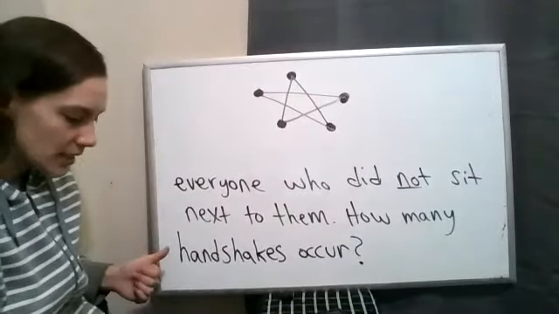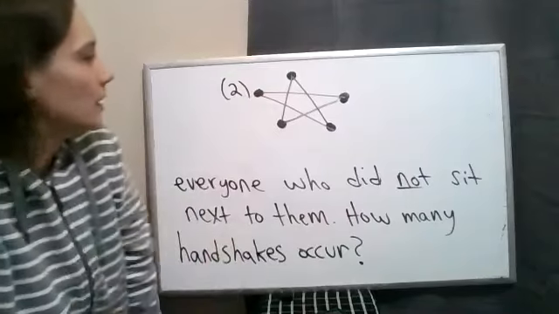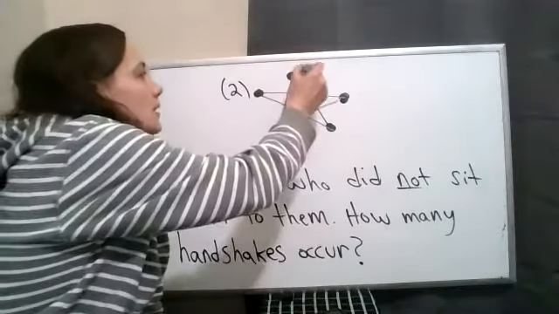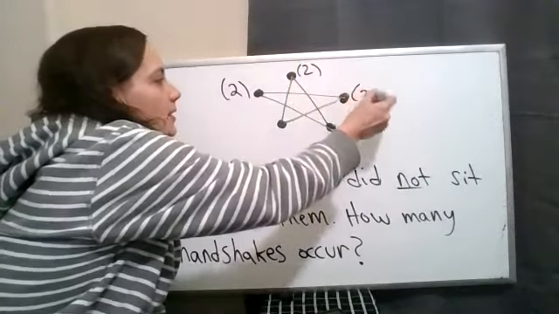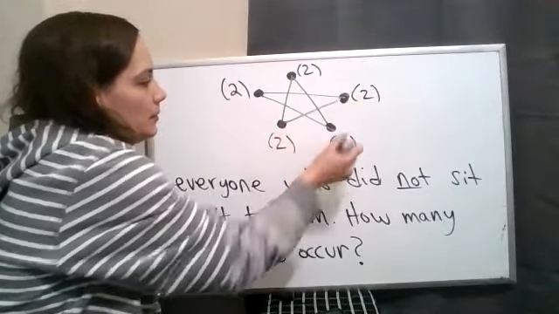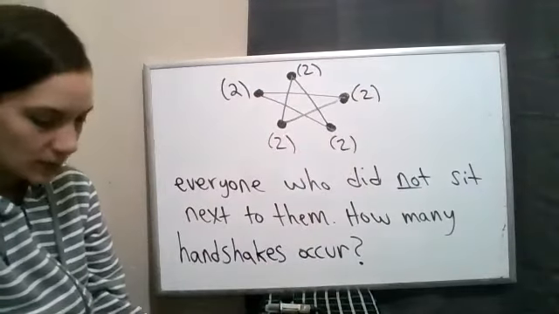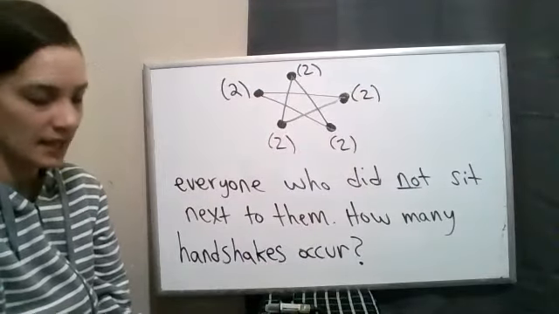So let's get the degrees. This one's a 2. That's a 2. They're all 2. So the goal is to find the sum of the degrees and then divide by 2.